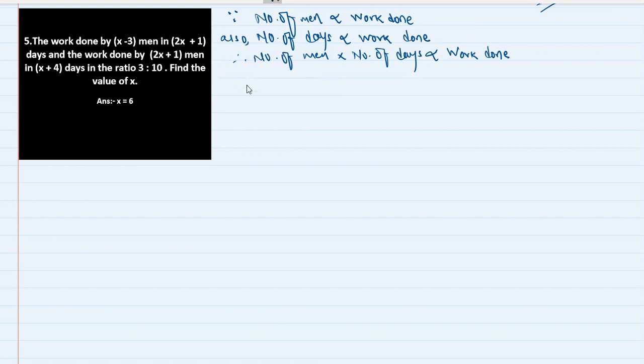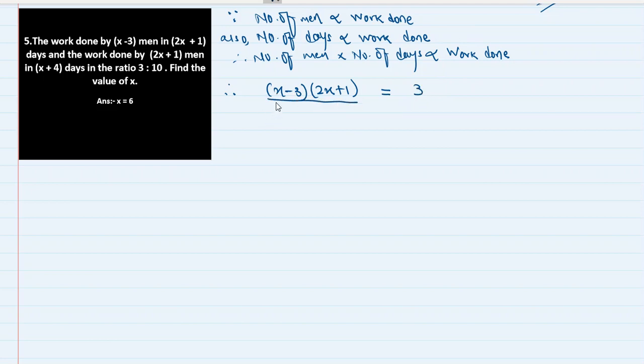So we can say that x minus 3 men working for 2x plus 1 days will do the ratio of the work, which is 3 ratio.